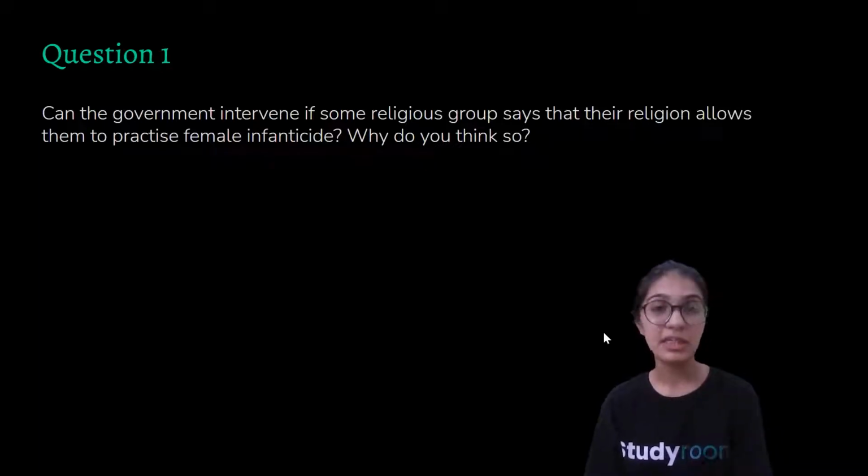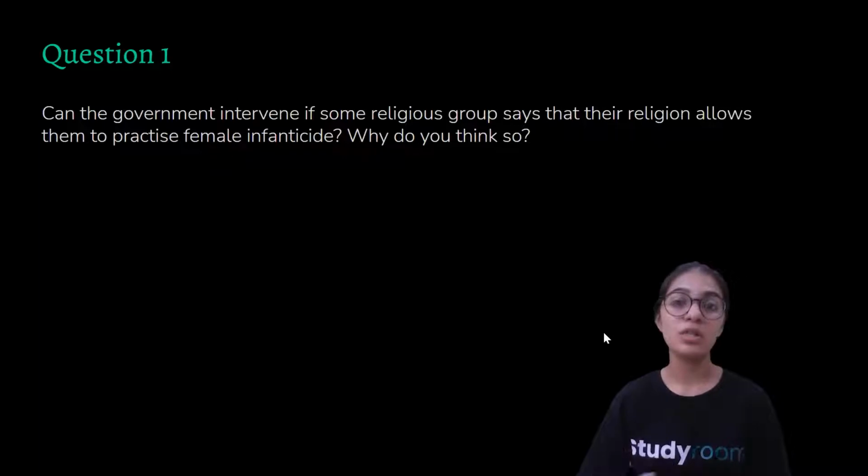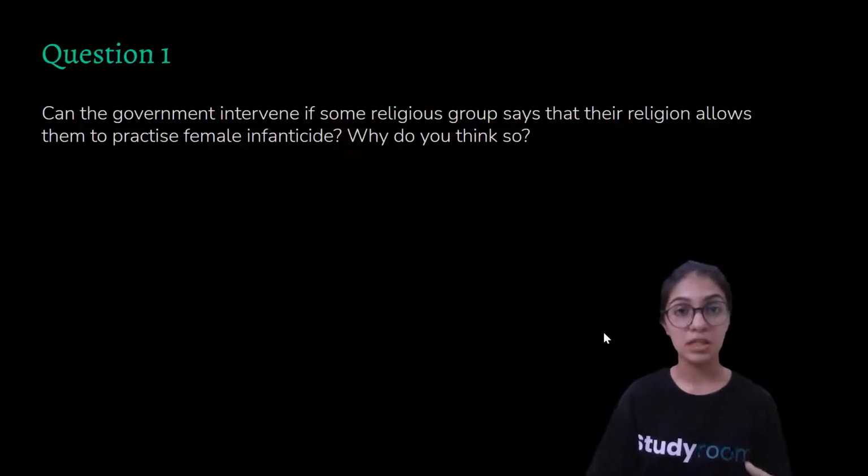As we discussed earlier, the government intervened in a similar case when there was a practice of untouchability, and they prohibited untouchability, because the practice used to cause discrimination between the upper caste and the lower caste.